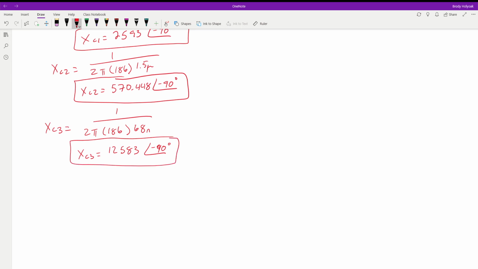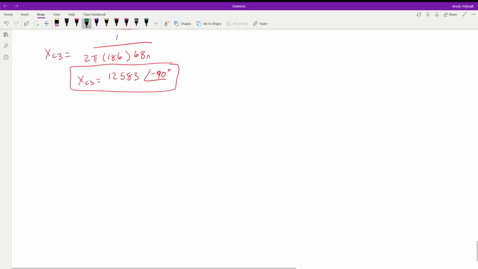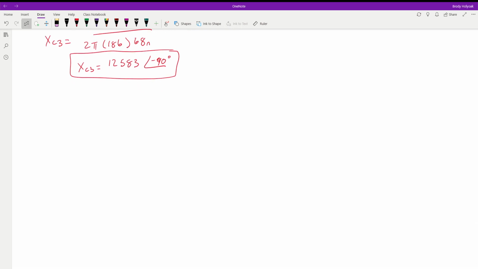Okay, so now that we have the capacitive reactances found, we have the other half of the equations that we need to solve for our impedances. So I'm going to go ahead and switch colors. So the impedance from point A to point B is going to be R1 plus X of C1.